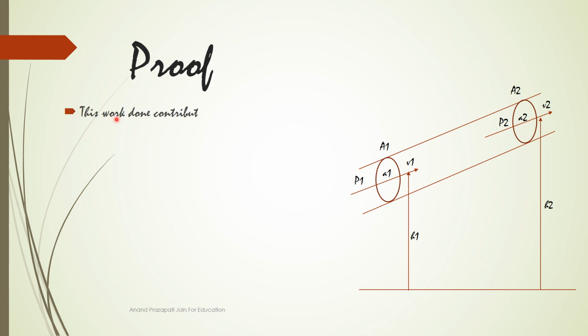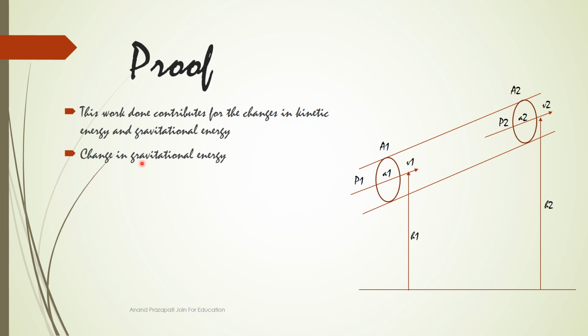This work done contributes to the change in kinetic energy and gravitational energy. Change in gravitational energy I have already discussed here. Suppose this is E1, the gravitational energy at the point A2 is A1 V1 and density of the liquid into g into H2, and the gravitational energy at A1 is A1 V1 H1 and density of the liquid.